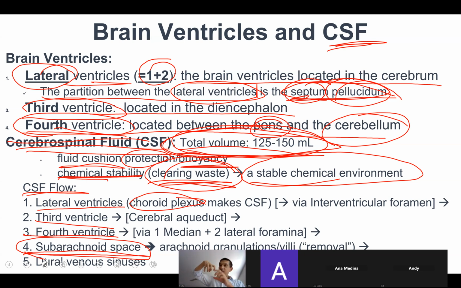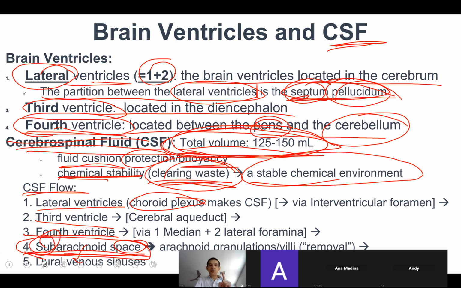All of that cobweb-like projection creates a space in between that arachnoid membrane on the top and pia on the bottom. So arachnoid is on the top and that space is below it. And that's why we call it subarachnoid space. We'll see that again. And from that subarachnoid space, the CSF flows back to blood, to the dural venous sinuses.